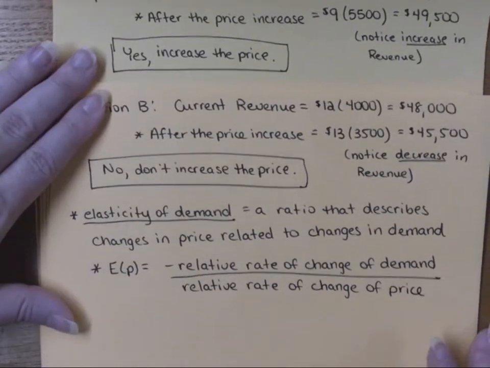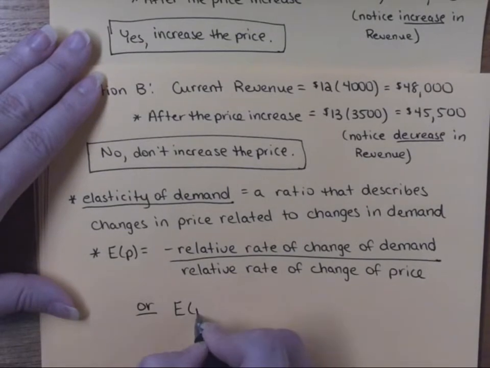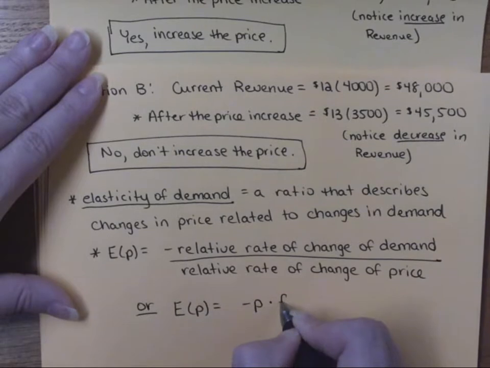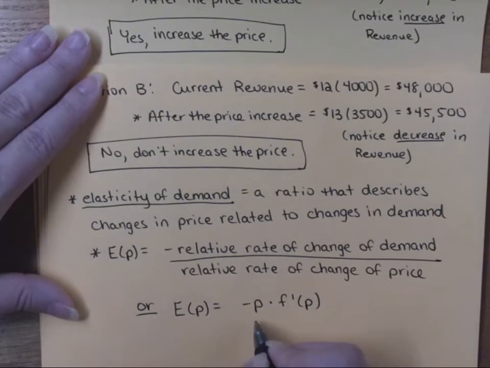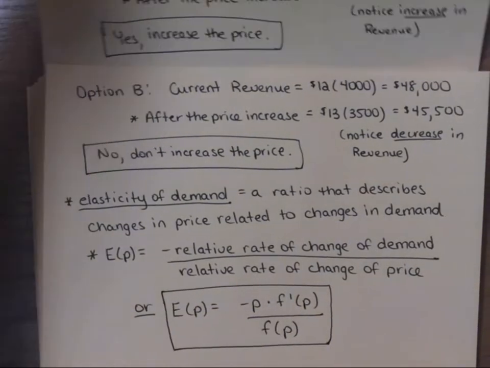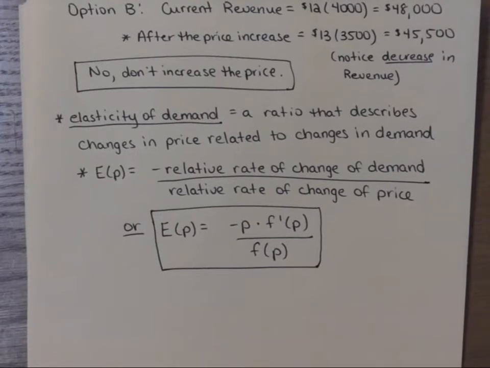Okay, that's essentially what we're finding. I like this form better. This is an equation that'll get you there. So it's negative P times F prime of P divided by F of P. Okay, so this is the formula we're going to be using most often for elasticity of demand. And then we're going to talk about what the meaning of our answer is after we practice maybe finding it once.